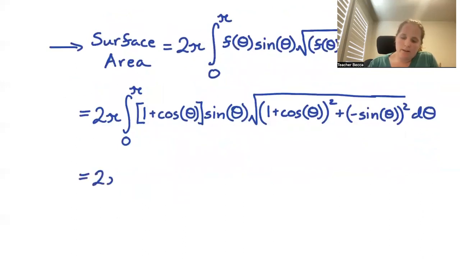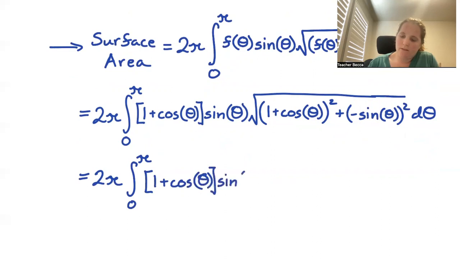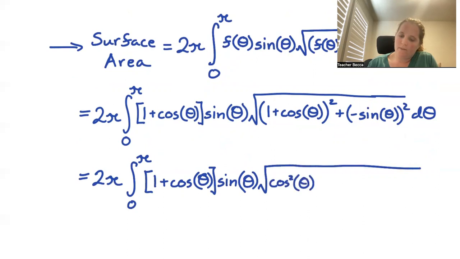This is 2 pi times the definite integral from 0 to pi of 1 plus cosine of theta times sine of theta times the square root of cosine squared theta plus 2 cosine theta plus 1 plus sine squared theta d theta.